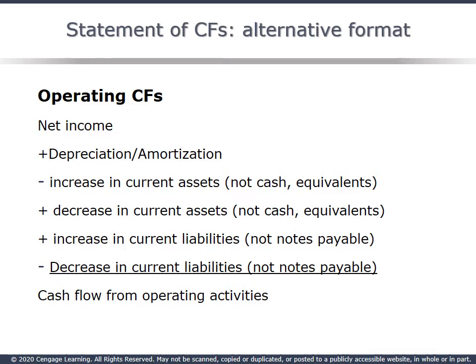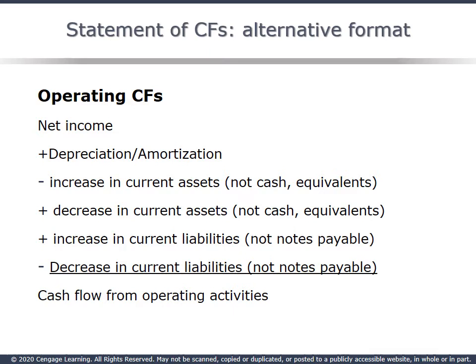Then we're going to look at, also on our balance sheet, our current liabilities, but not notes payable. So that's going to leave us with our accounts payable and our accruals. And we're going to look at them cumulatively from 1 year to the next. Have they increased or decreased?